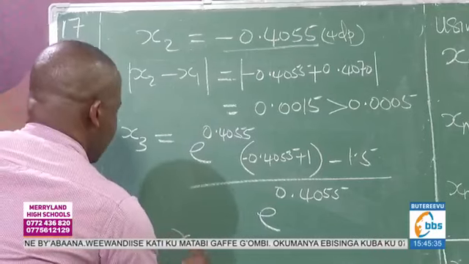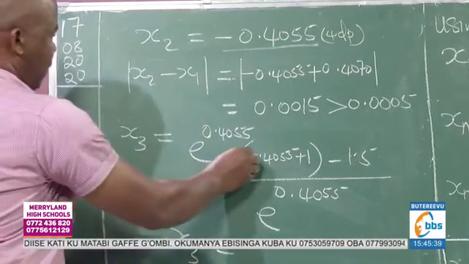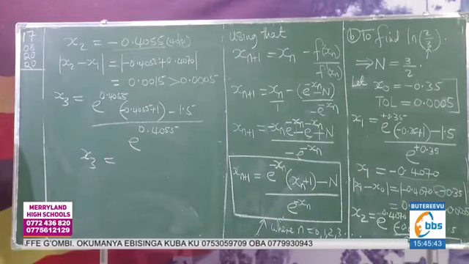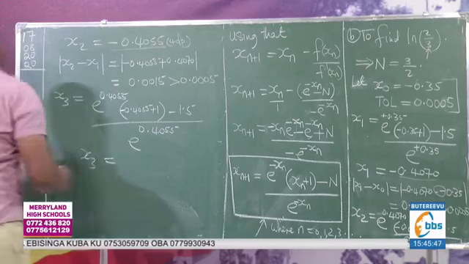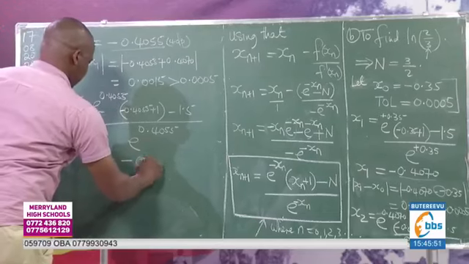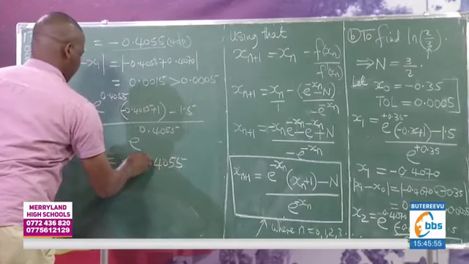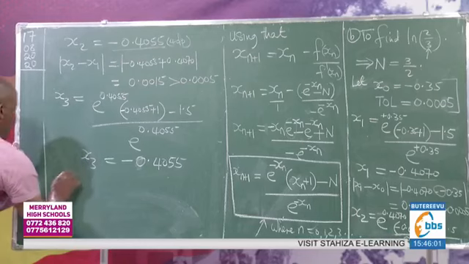Our x3, you can still compute. Do not forget that this is the negative. When you compute, that will give you a value of x3 as negative 0.4055.